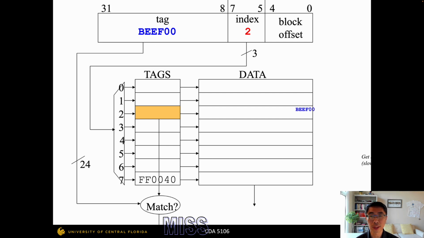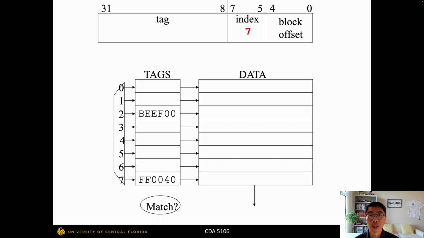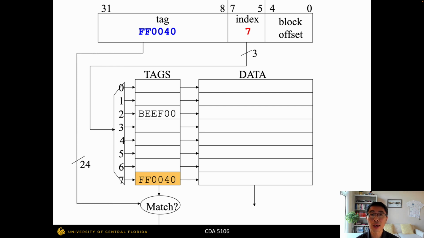We have to bring it from memory, and when we do, we place the data block and also record the tag, showing this is the block we currently keep in the cache. Next, we have index 7. We activate set number 7, read out the tag, and the requested tag is FF0040, which turns out to match. So in this case, we have a cache hit.